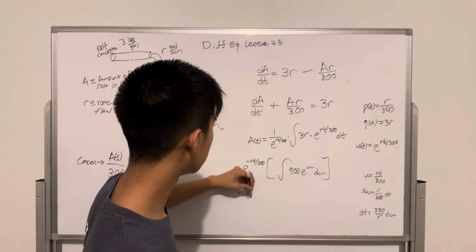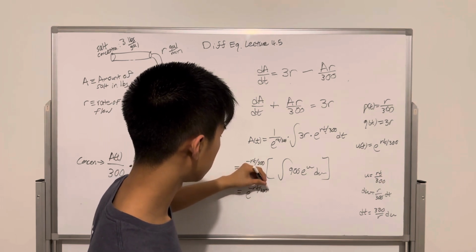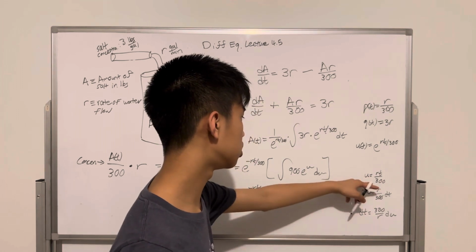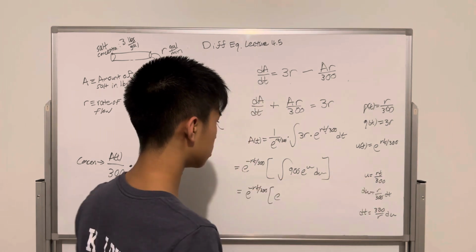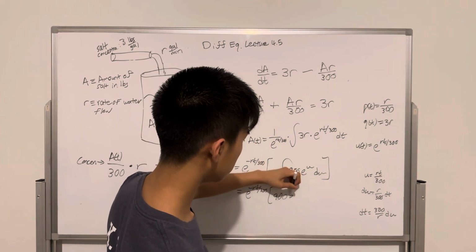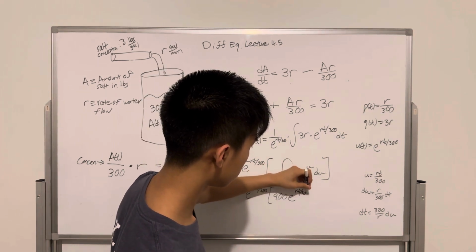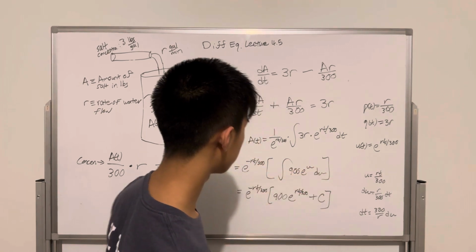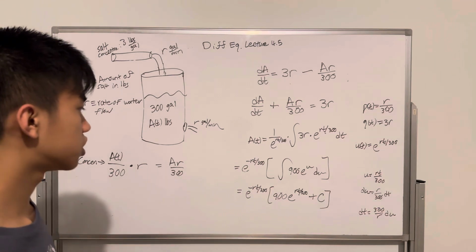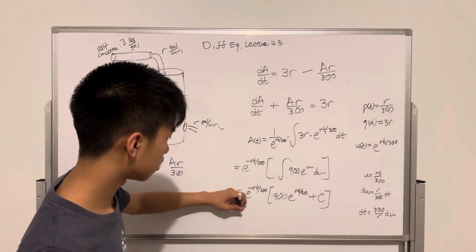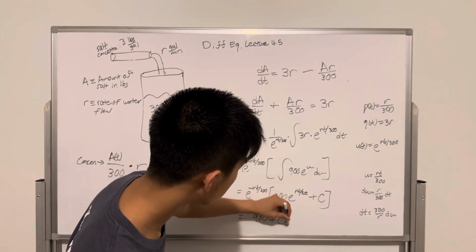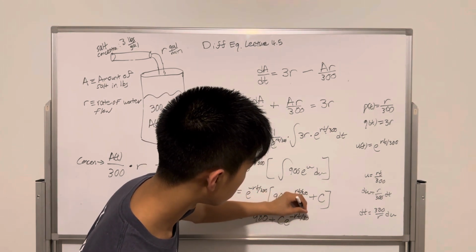Then that would be e to the negative rt over 300 times 900 e to the u, but I'll just substitute this right back in. So we'll have 900 e to the rt over 300 plus c. Okay, so what is c? Well, hold on, let me do this algebra first. So it's 900 plus c e to the negative rt over 300.